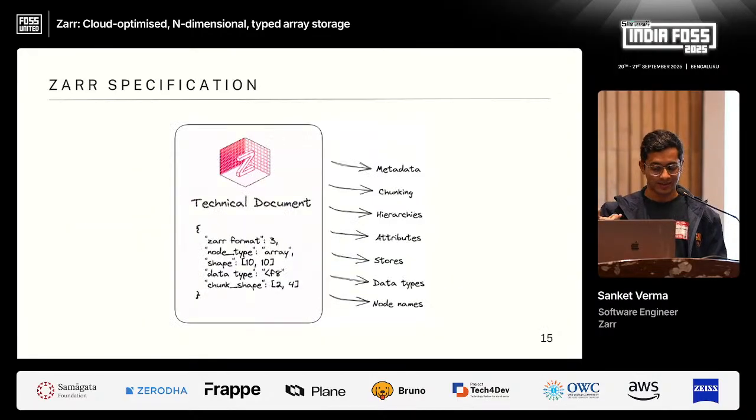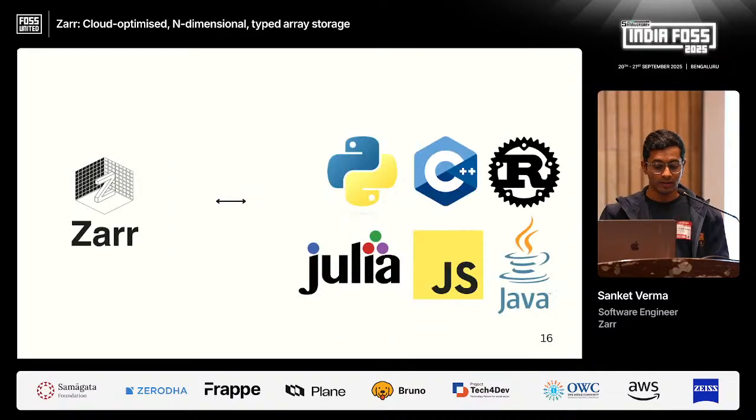As I said, it defines the metadata scheme, how the chunking works, how the hierarchies are managed, the custom attributes you can add to the data, and all the other things. The implementation exists in various languages like Python, C++, Rust, R, Julia, and everything. Python is the more used and more famous implementation because of the community and everything.